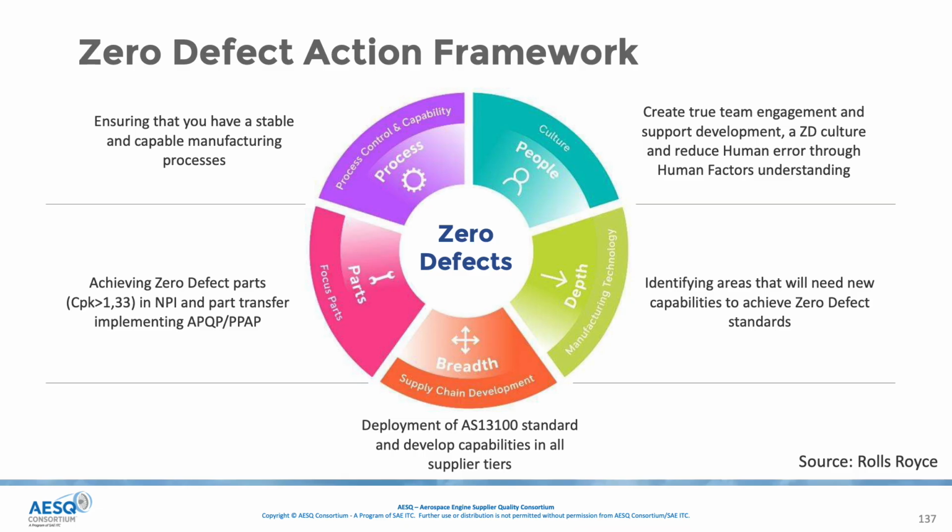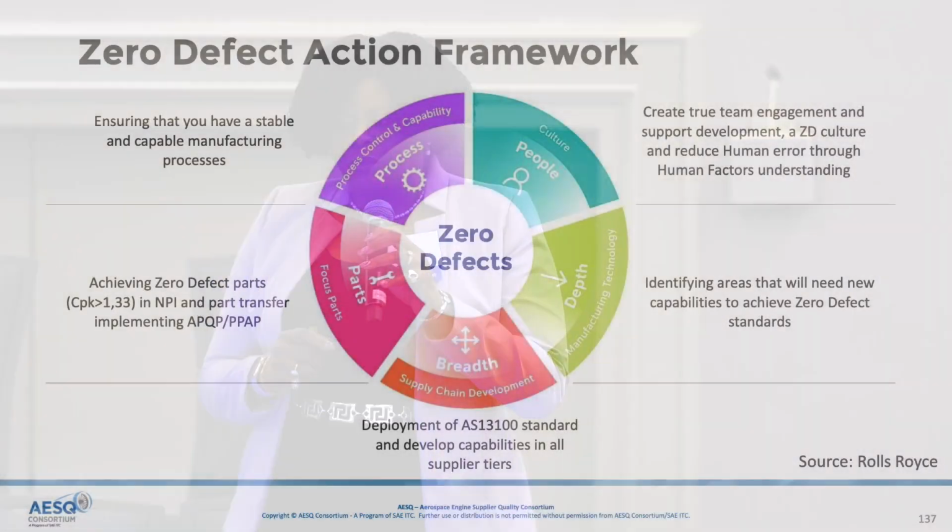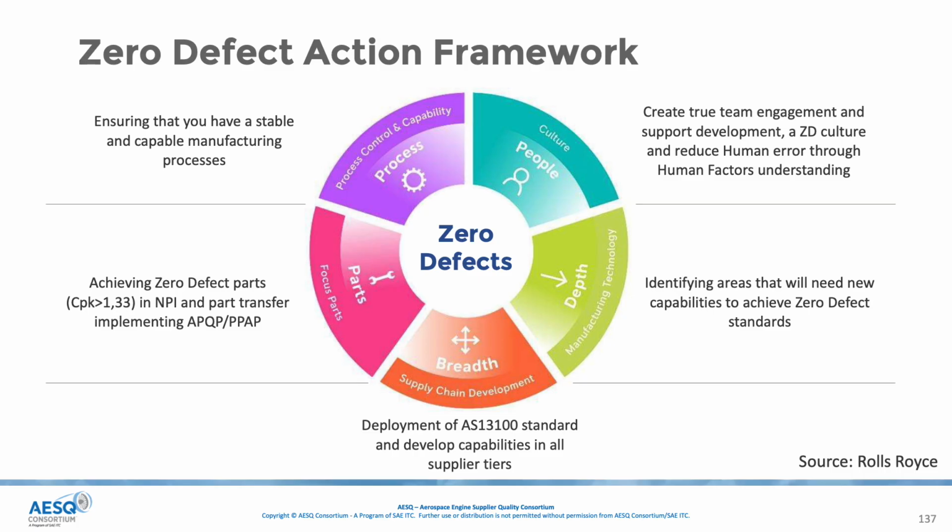People, which is culture. Create true team engagement and support development, a zero defect culture, and reduce human error through human factors. Depth, manufacturing technology, identifying areas that will need new capabilities to achieve zero defect standards.